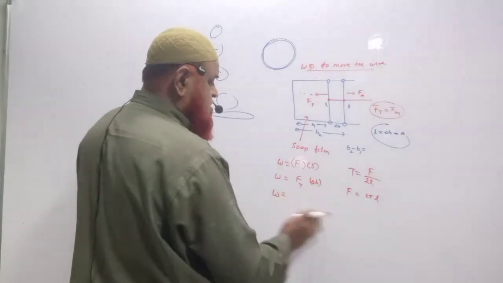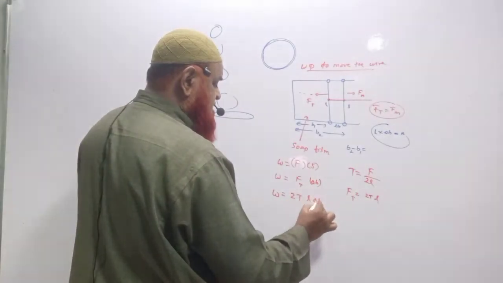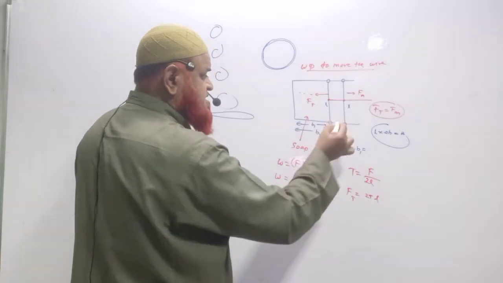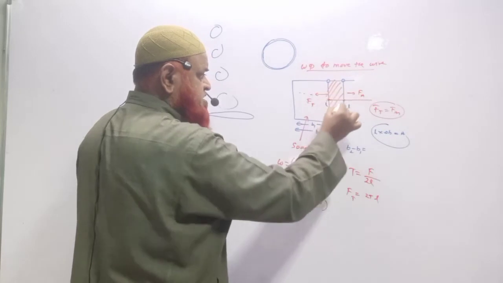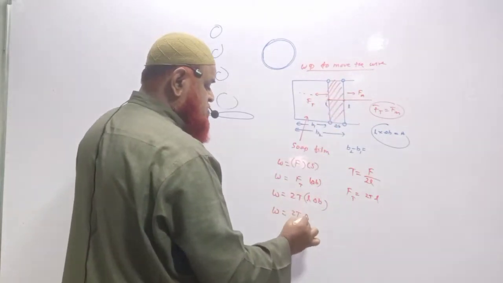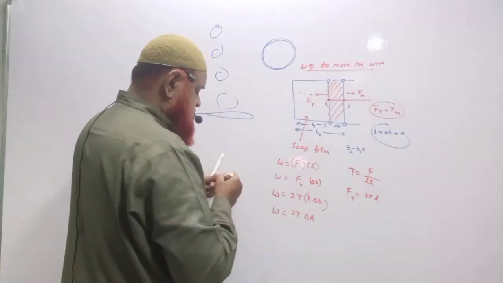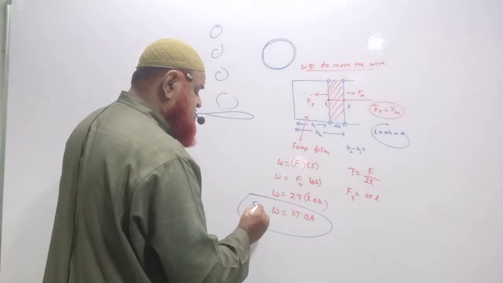Instead of force due to tension, you can take 2T into L into delta B here. So how much is this? This is the length, this is the breadth, and what is the area? This is going to be the area we have to consider here. So W is equal to 2T into delta A.